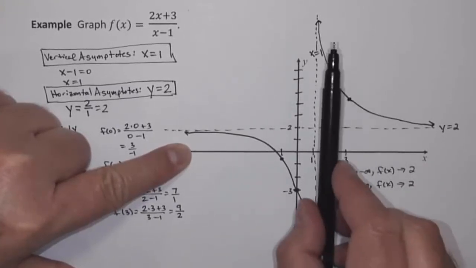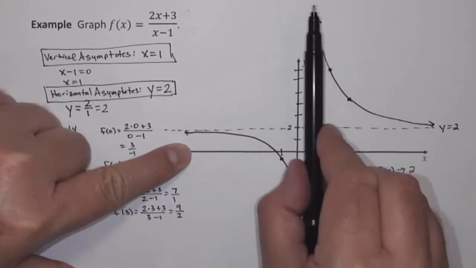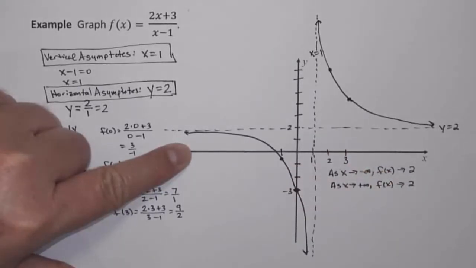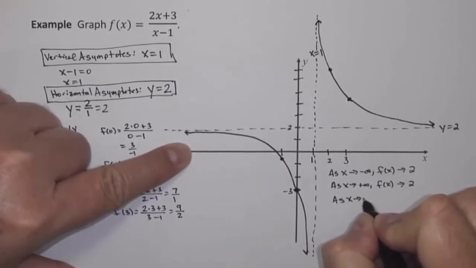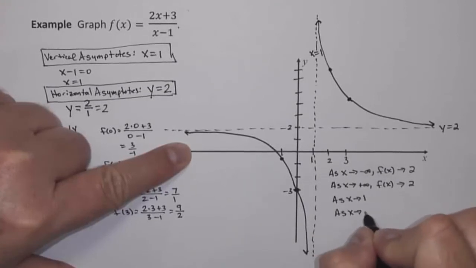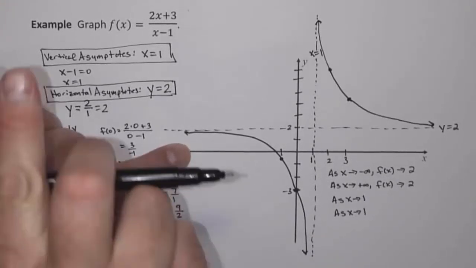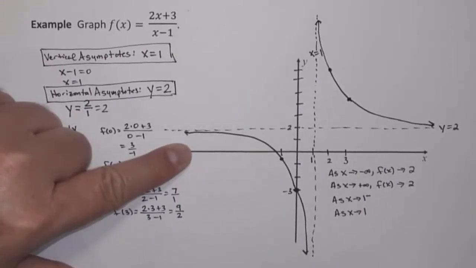Now something we haven't done previously is to describe the vertical asymptotes. So the vertical asymptote is x equals 1. Well, I do that this way. I say as x goes to 1, and I'm going to look at that from both sides of 1. So if I'm on the left side of 1, I'm going to indicate that with a negative sign that's kind of superscripted up behind the 1.